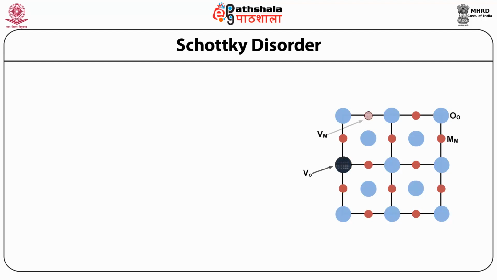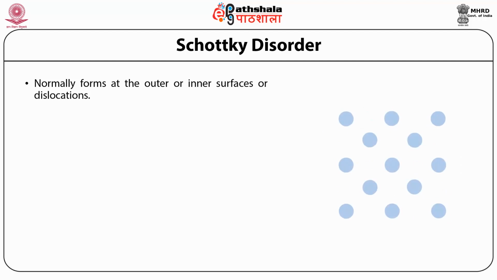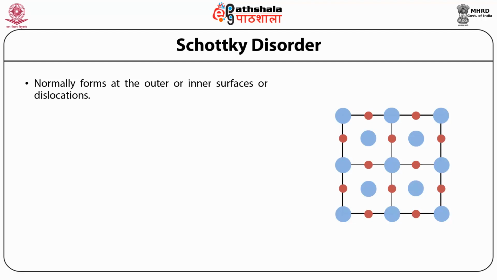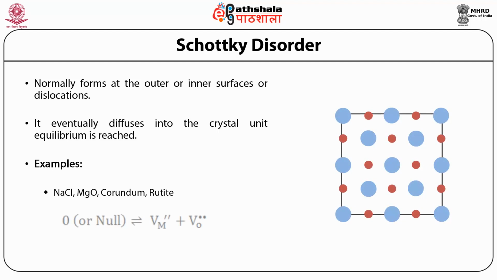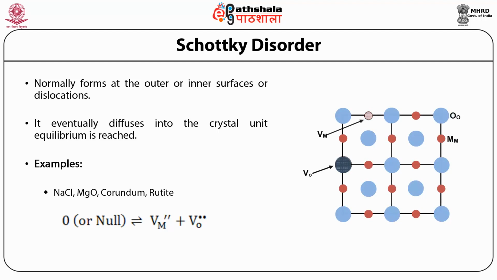The Schottky disorder is a defect which normally forms at the outer or inner surfaces or dislocations. It eventually diffuses into the crystal until equilibrium is reached. You can see on the left hand side an example of Schottky disorder.